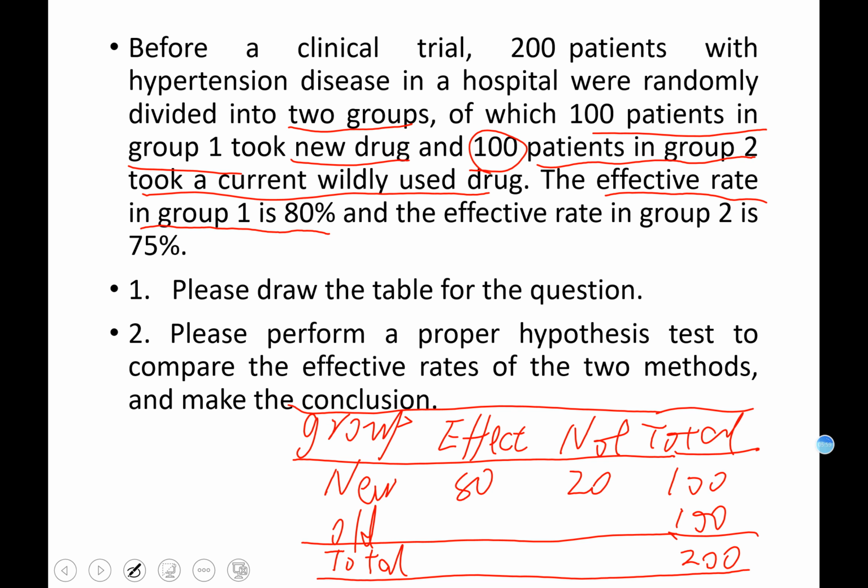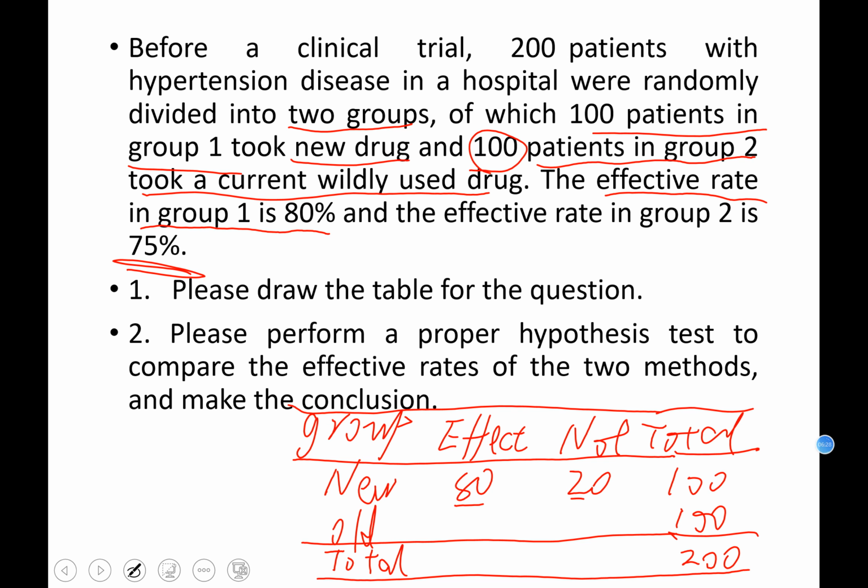Okay, so here we can use the other effective rate given in the question, 75%. That is the effective rate in the old drug group. So it's similar to these two numbers. We can calculate it with the number given in the question.